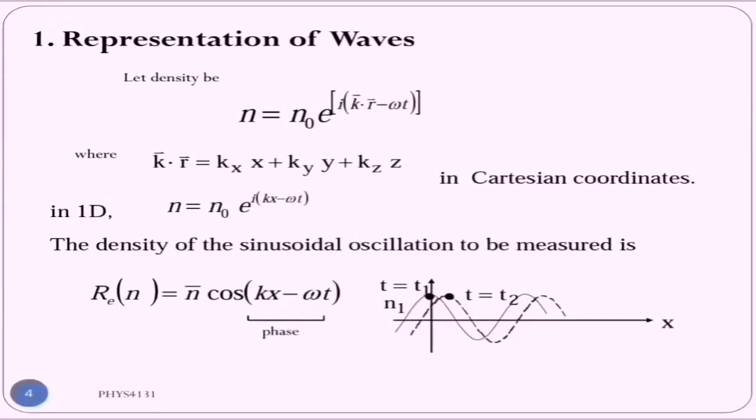How do we represent waves in plasmas? Any sinusoidally oscillating quantity, say the density, can be represented as n equals n naught e to the power i(k dot r minus omega t), where k dot r equals kx x plus ky y plus kz z in Cartesian coordinates.